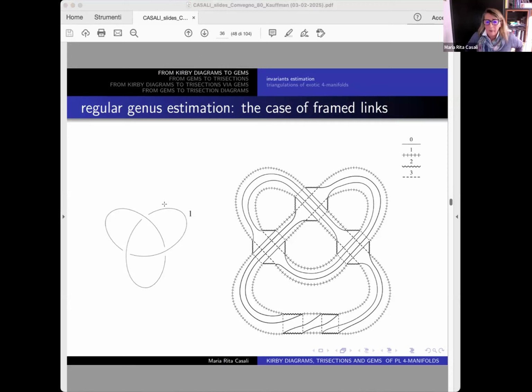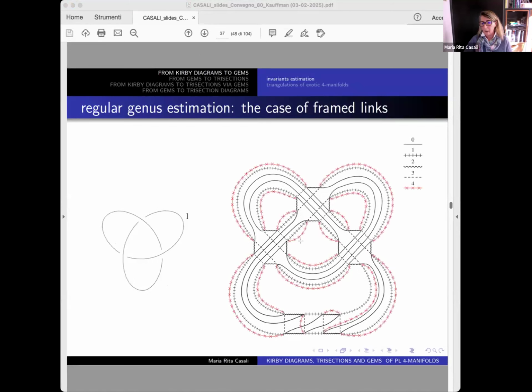This is an example. If we consider the trefoil knot with framing 1, this is the 4-color graph representing the associated three-manifold, while this is the 5-color graph representing the 4-manifold.